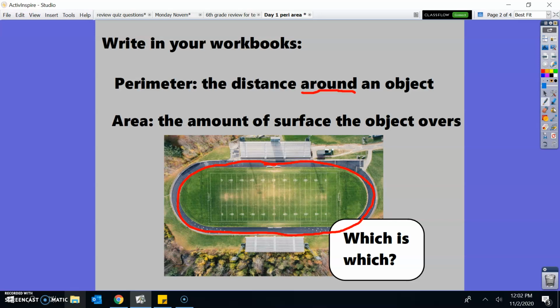The definition for area, which I would also like you to write on your math workbooks, is the amount of surface the object covers. So the outside is the perimeter, and the area is on the inside. It represents the surface area.